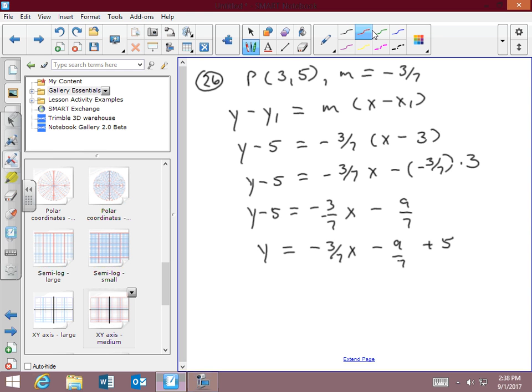Now what am I going to have to do? Common denominator, right? 7 is a common denominator, so I got to get this with a common denominator of 7. So I got to multiply it by 7 over 7. This is y equals minus 3 sevenths x minus 9 sevenths plus 35 sevenths.